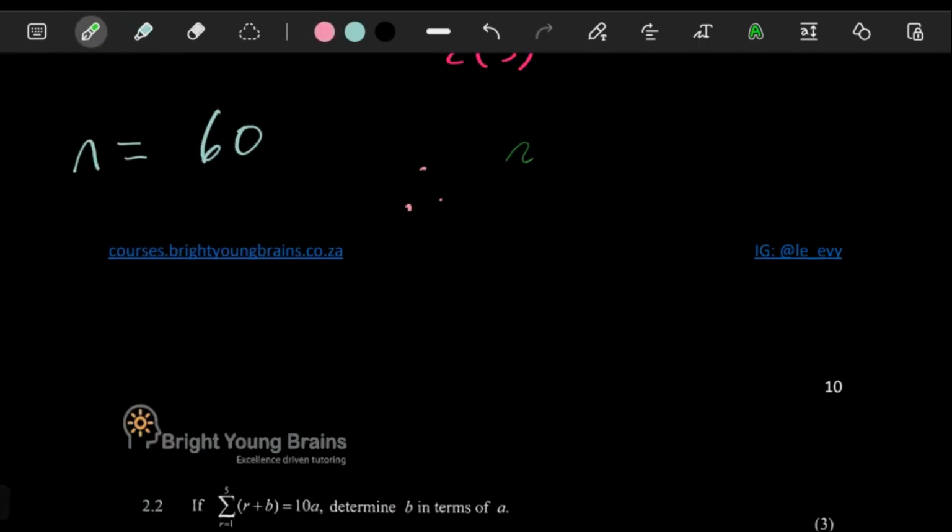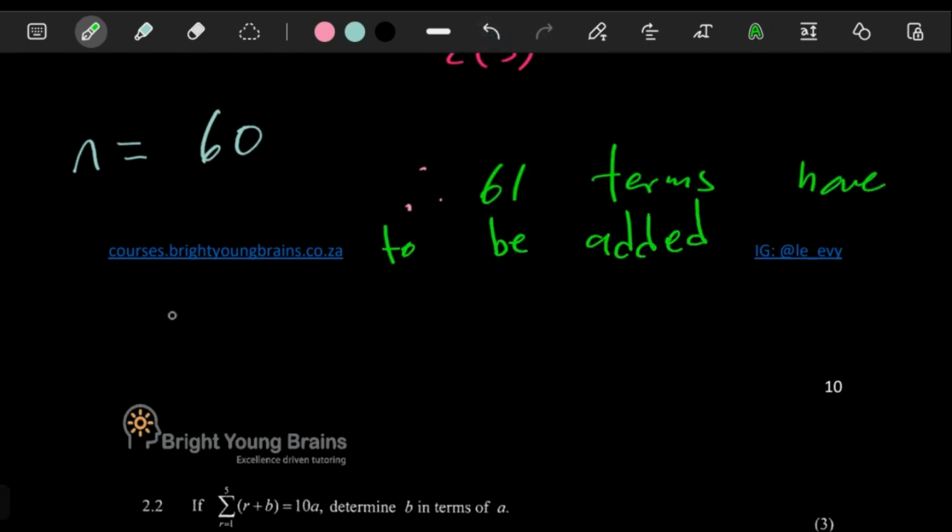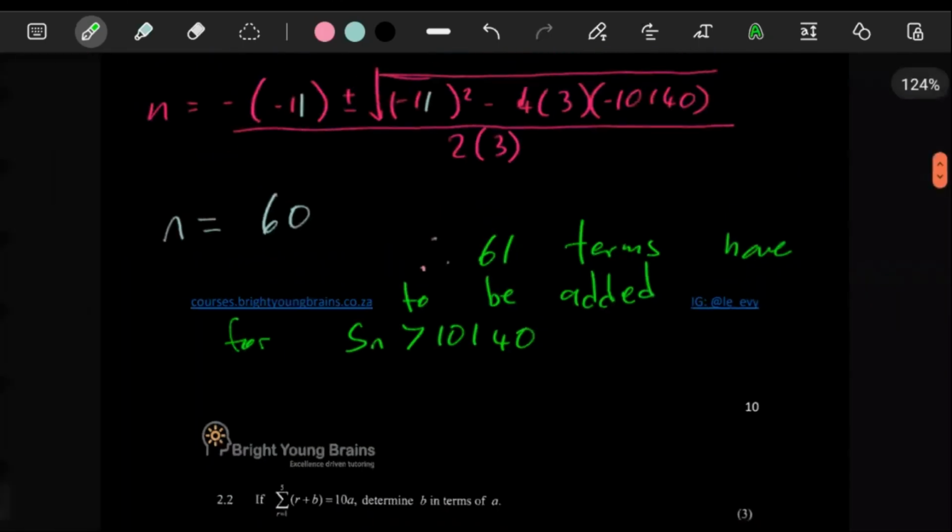So here you can say, therefore, 61 terms have to be added for Sn to be bigger than 10,140.